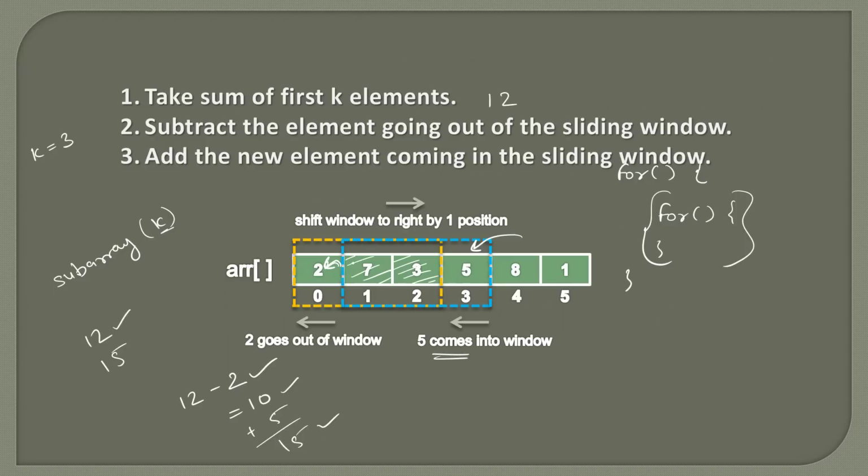One element goes out of the window and a new element comes into the window. The element going out we simply subtract from the sum, and the new element coming in we simply add. We also compare 12 with 15, then with 16, then with 14, and at the end we will figure out that 16 is the maximum sum in the sub-array of size k. So this would be our answer.